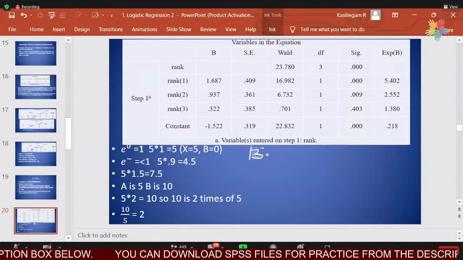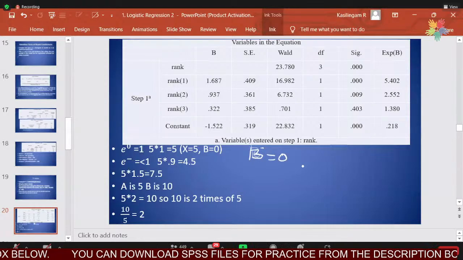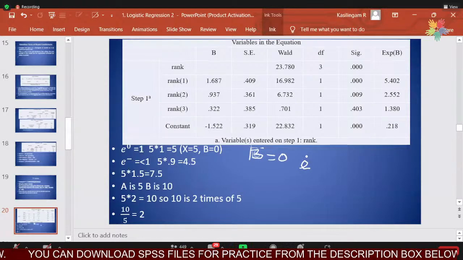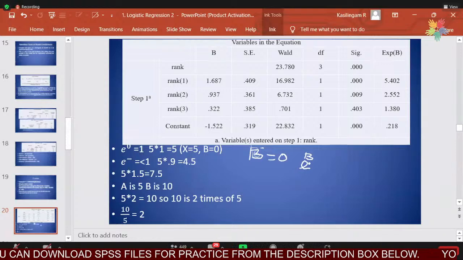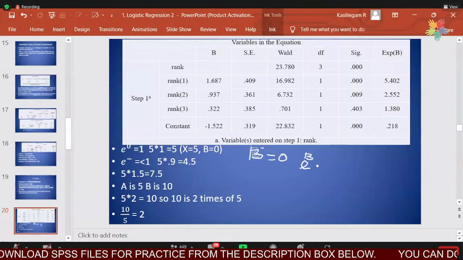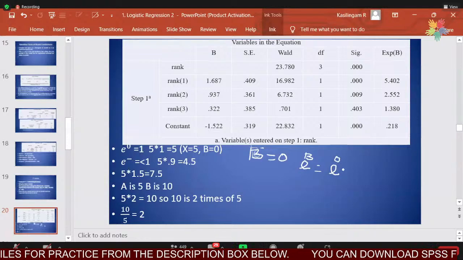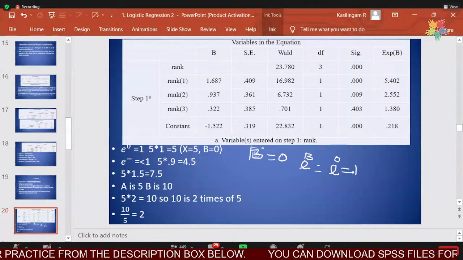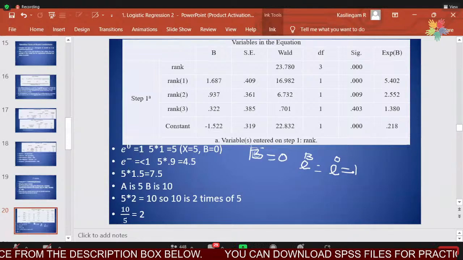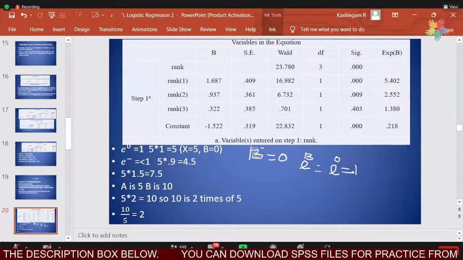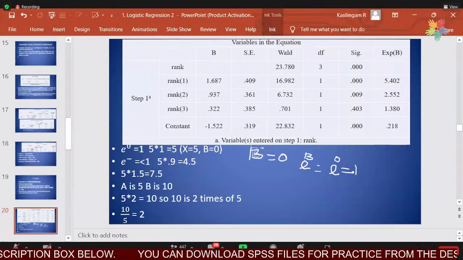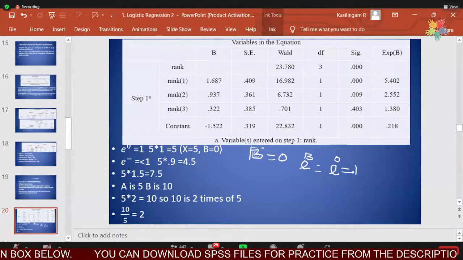When my beta is 0, the exponential of beta, exponential of 0, is 1. That is the first point you need to know: exponential of 0 is 1.